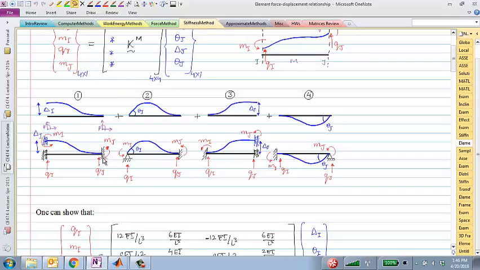And for those of you who are interested, anybody know what type of functions these are? If I were to use polynomials to try to express these functions, these would be cubic polynomials. Cubic polynomials because cubic polynomials have four coefficients: ax cube plus bx square plus cx plus d.